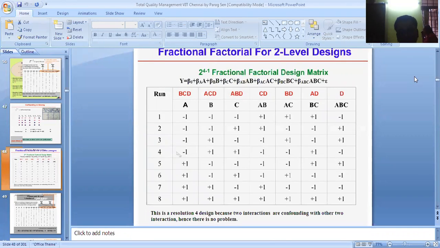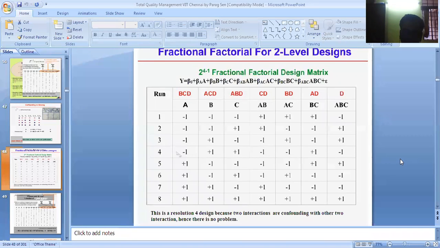And here you will see that the 3-factor interaction effect usually is not significant. So if you find some changes in the response variable, then you will understand that it is because of the main factor D, not because of the factor ABC.